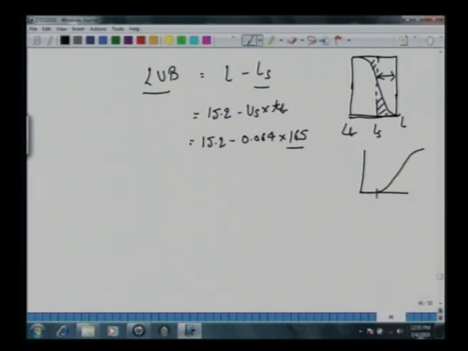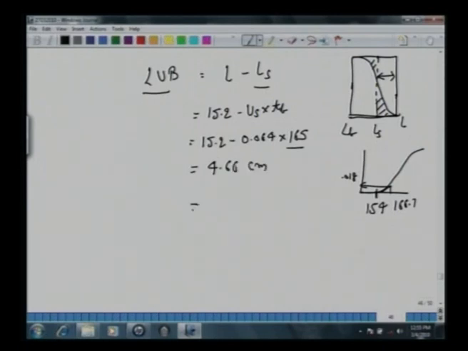Data was given from 0 till 154 minutes, and at 166.7 we had this data of 0.018. So all you can do is draw a smooth curve through this to find out at what time it's just about to break. Okay, so that's your 165 minutes. So we put this number, it will be 4.66 centimeter.